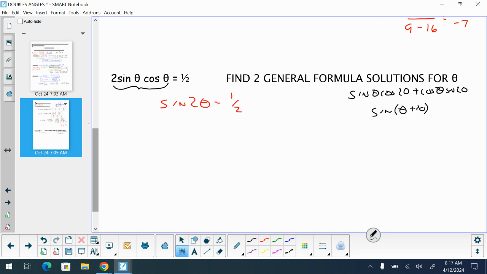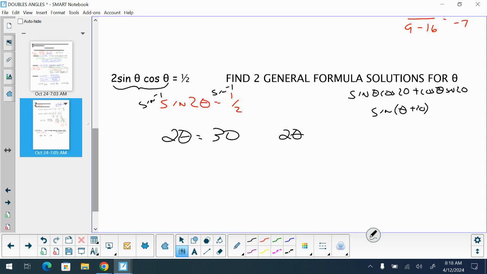While here we have 2 sine theta cosine theta, we could take that back into sine 2 theta. Now we have to get rid of sine. So how do we get rid of sine? Inverse sine. So we take the inverse sine of 1/2, and we should get a value of 30.